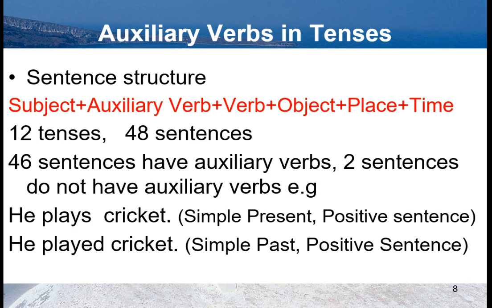Remember one key point: 46 sentences have auxiliary verbs. Only 2 sentences do not have auxiliary verbs, like he plays cricket, simple present positive sentence, and he played cricket, simple past positive sentence. I want to highlight the significance and usage of auxiliary verbs: only 2 sentences among 48 do not use an auxiliary verb.